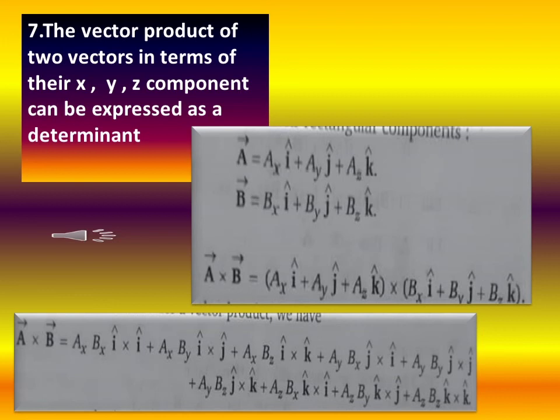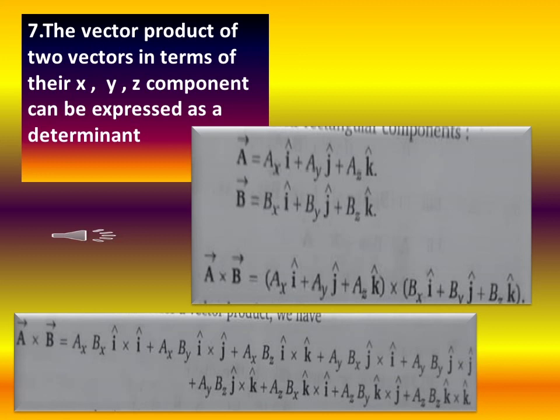Applying the orthogonality principle, i cross i, j cross j, k cross k terms will become 0. Also i cross j will be k vector, j cross k will be i vector, k cross i will be j vector. Or by reversing, j cross i will be minus k, k cross j will be minus i, i cross k will be minus j.